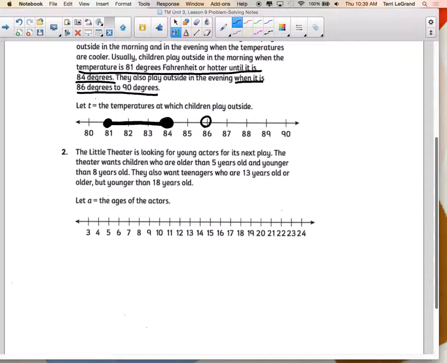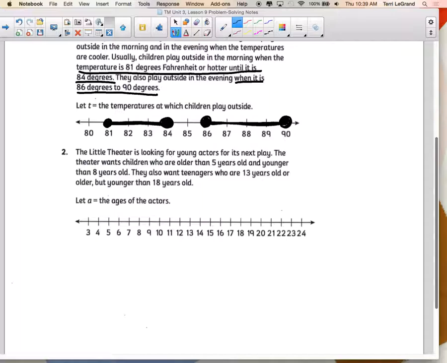So it sounds to me like they would be outside if it's 86, 87, 88, 89, or 90. Okay, so we're going to shade 86 in, and we're going to shade 90 in, and then we're going to shade all those temperatures in between, which of course there really are more than just 87, 88, and 89. Those are just the whole number temperatures. There's a whole bunch of parts like 87.5 degrees. That would count also, right?